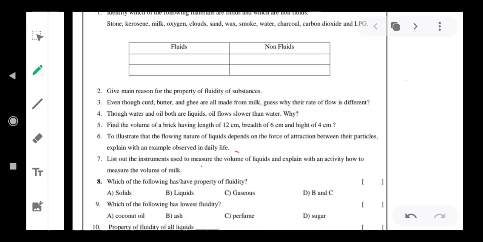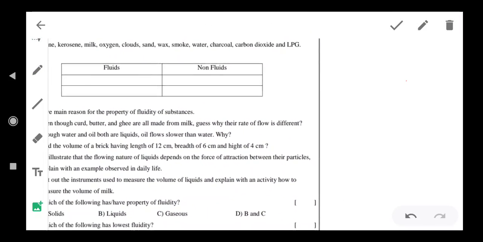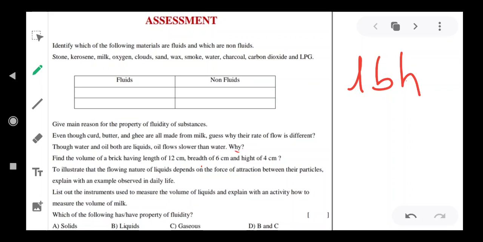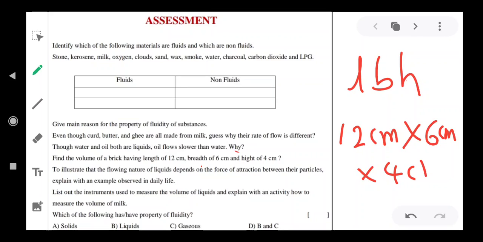Next one, find the volume of a brick having length 12 centimeters, breadth 6 centimeters and height 4 centimeters. To find the volume of a solid, we have a formula, that is L into B into H. Here L is given as 12 centimeters, breadth is 6 centimeters and height is 4 centimeters.